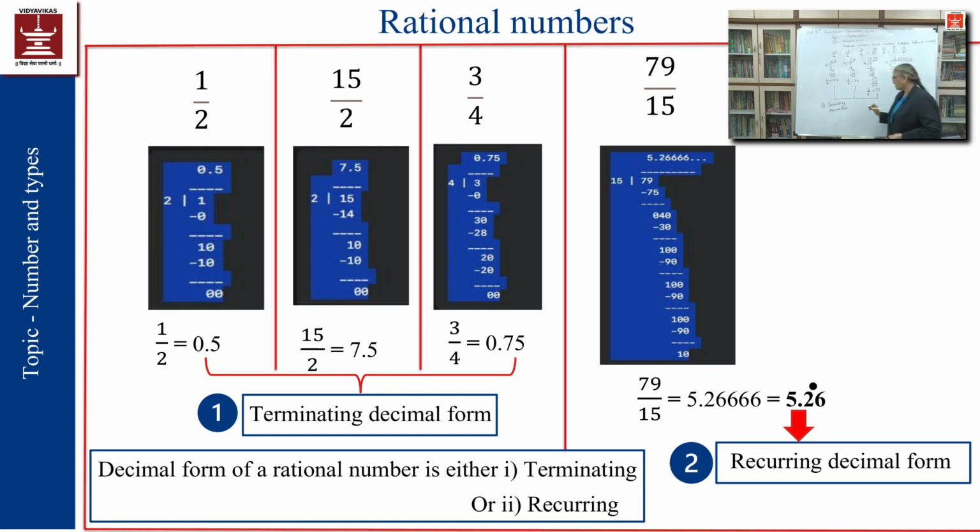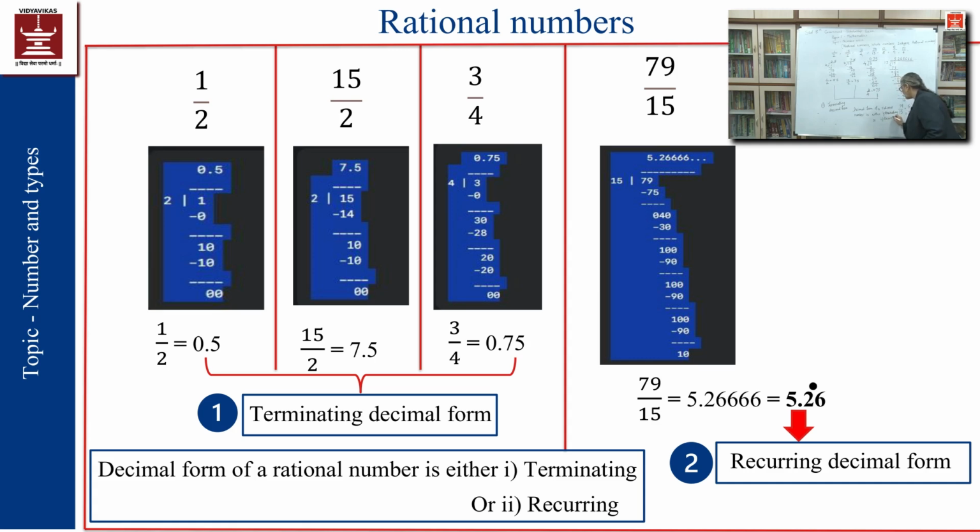So let us write that. The decimal form of a rational number is either terminating or it is recurring.